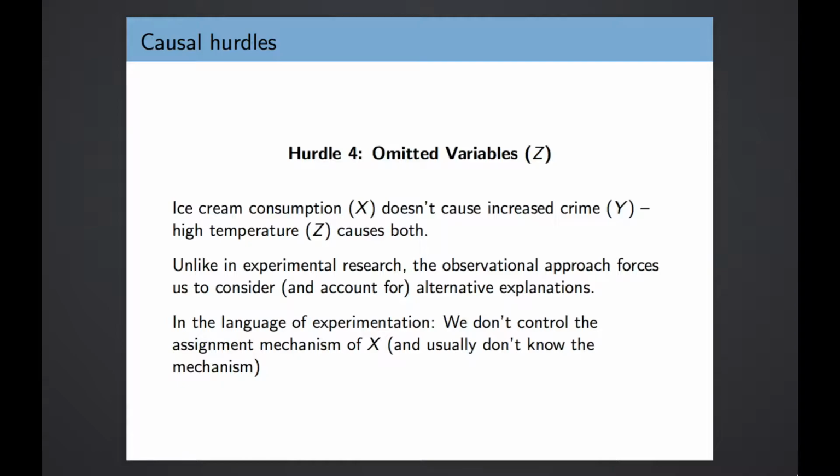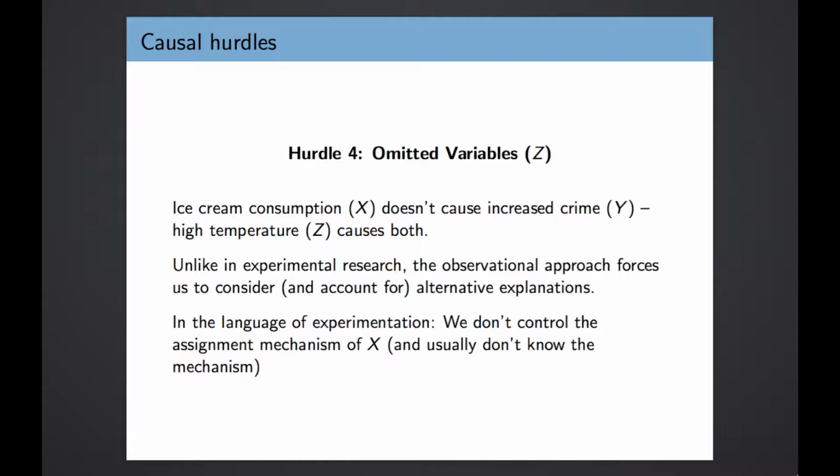In observational research, we don't have the ability to randomly assign our subjects into treatment and control groups, into groups with different values of the independent variable, and so we don't have that leverage on the independent variable.